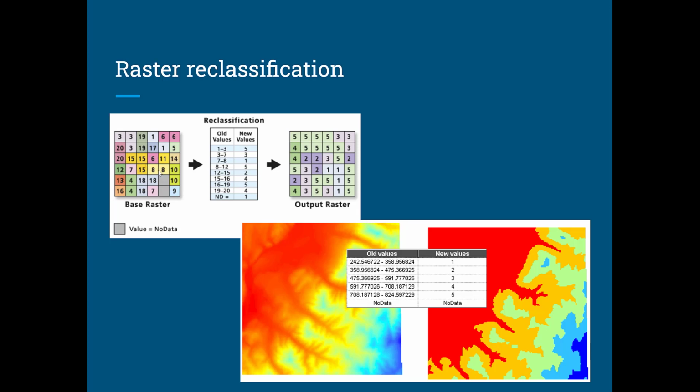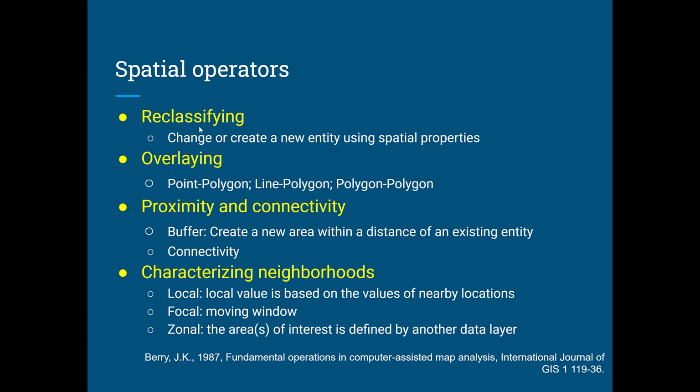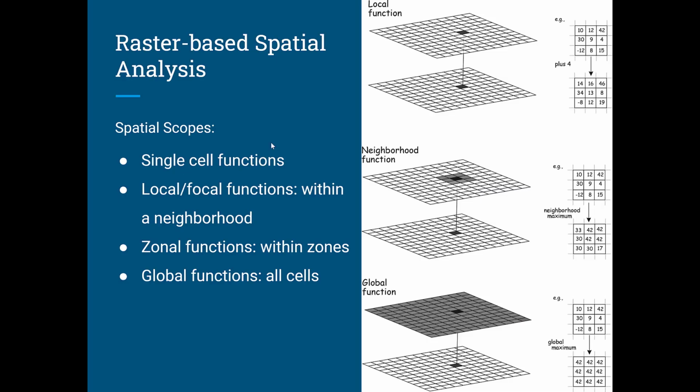Your operation is based on the cells. This is the main advantage. Then you need to understand the basic operations, like what reclassification is, and how to overlay your different data layers. It's map algebra.